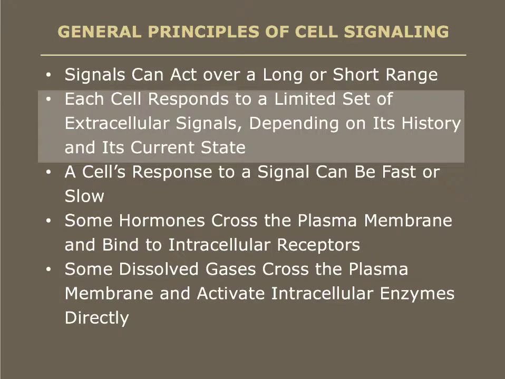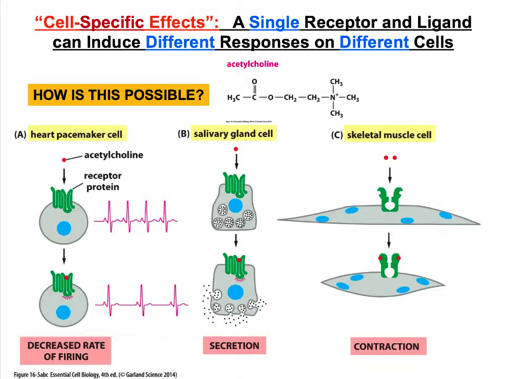Another general concept is that not every cell has a receptor of a particular type. So only those cells which have the appropriate receptors will respond. Now it's important to realize also that the same signal molecule can have different impact on different target cells, as indicated in this slide.